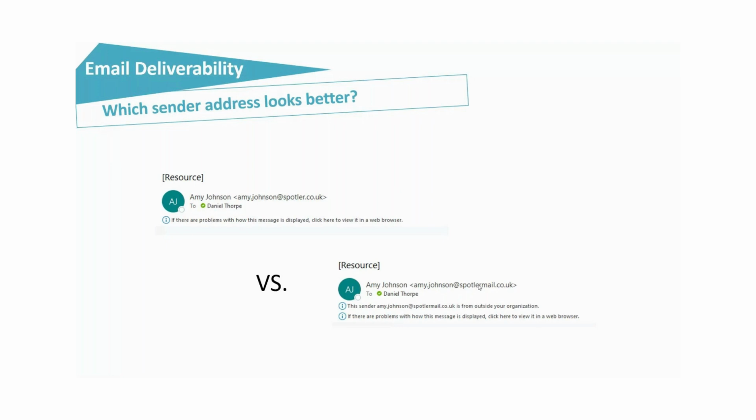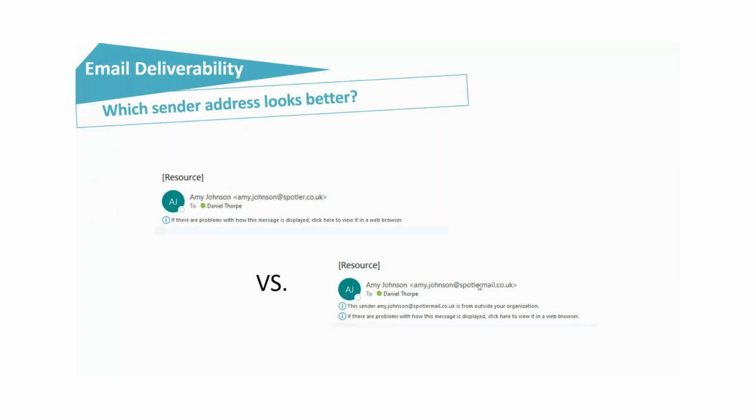And instantly, although you might gloss over it and go, oh, I've never thought about this, or think it's fine, it isn't as good as your business domain. You're much better off having your business domain there. I don't know at what point I personally decided to start checking these things out in my life. It could well have been after I got into deliverability, but everyone receives spam in their own email accounts, right?